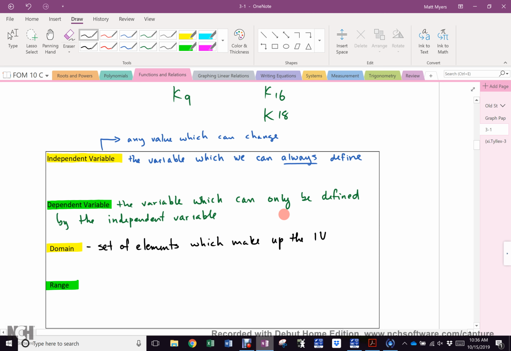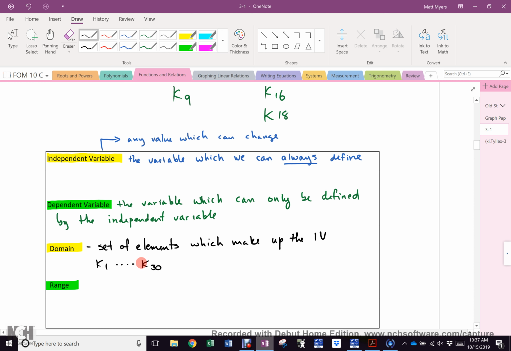All right? So our independent variable was kid in the desk, right? So if there's 30 names on the list, my domain is 30 different values, right? Kid 1 up to what? Kid 30. That's my domain.